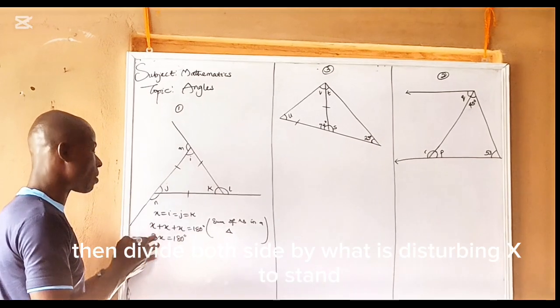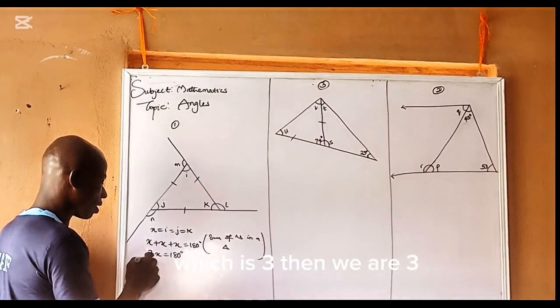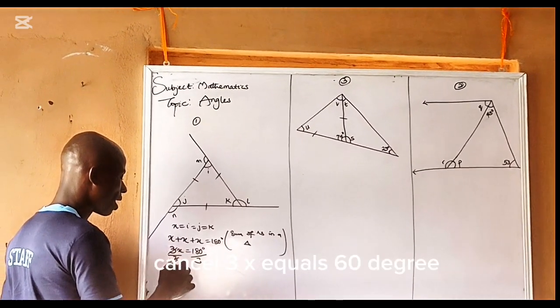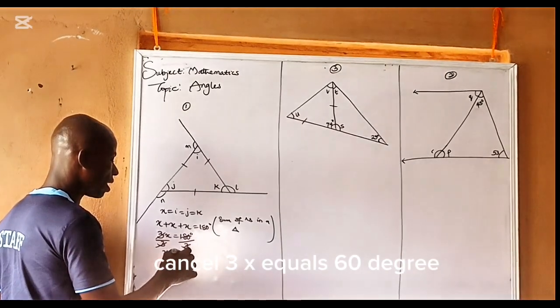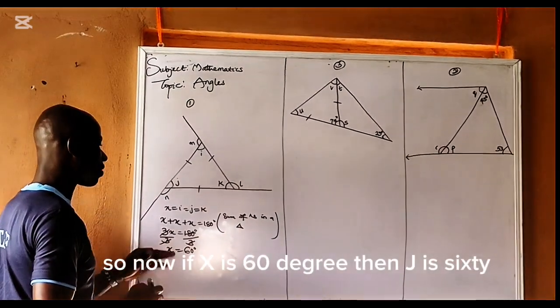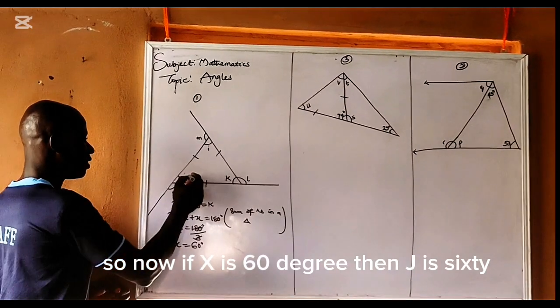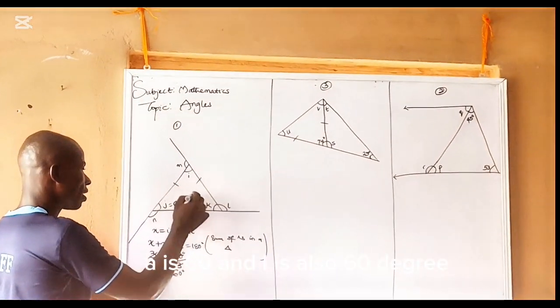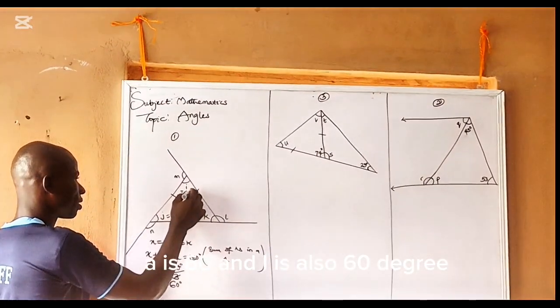Then divide both sides by what is multiplying X to start with, which is 3. Then 3 cancels 3, and X equals 60 degrees. So now, if X is 60 degrees, then J is 60, K is 60, and I is also 60 degrees.